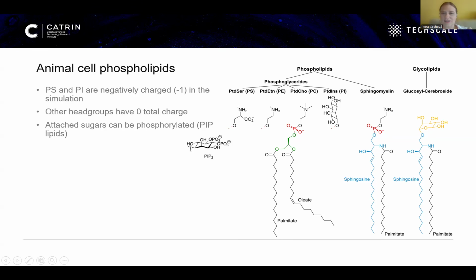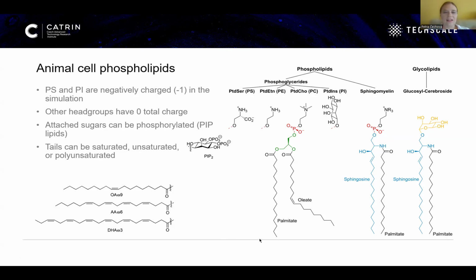In each case, there is a sugar moiety. The sugar moiety can also be phosphorylated. So if you ever seen PIP lipids, these lipids are very crucial in the various signaling pathways, and they change their reactivity by phosphorylation.